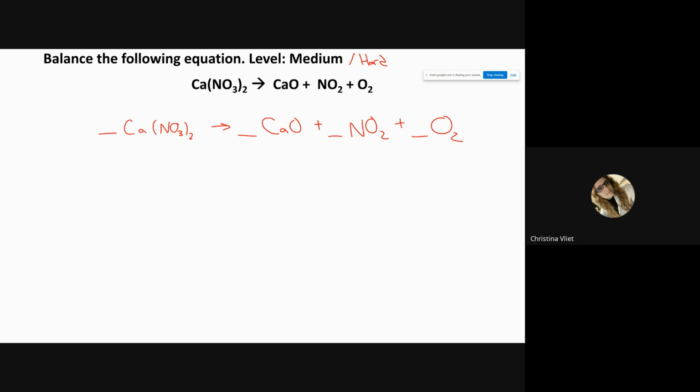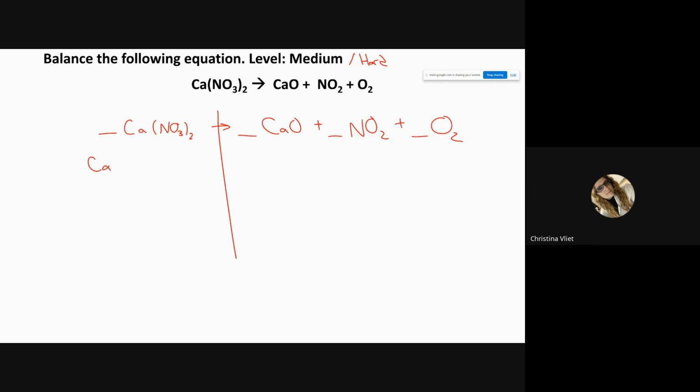All right, so the nitrogens are balancing. Alright, let's take a quick look at what we got going on.